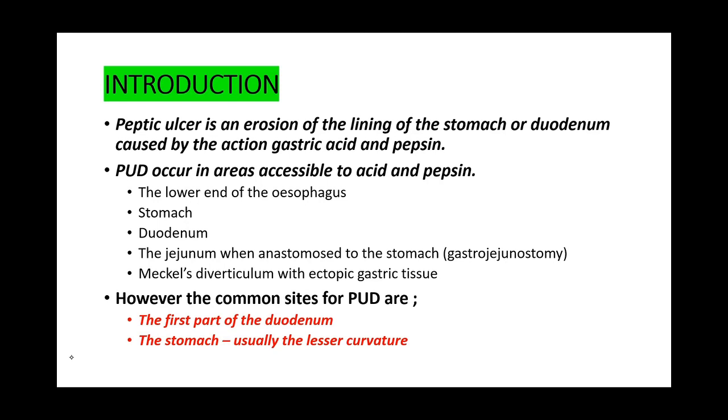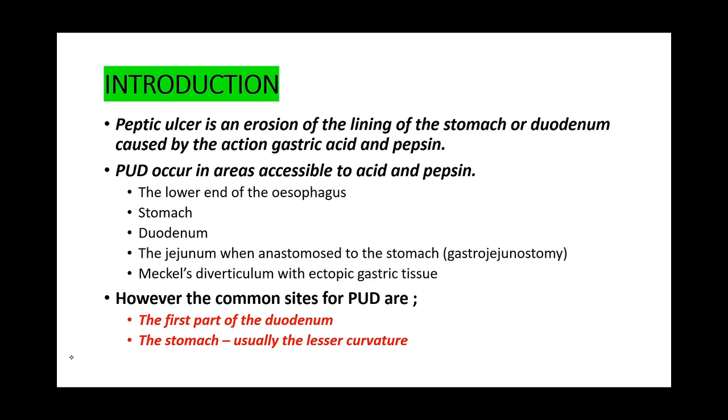You should all know that peptic ulcer disease occurs in areas that are accessible to acid and pepsin. And these areas include the lower end of the esophagus, the stomach, duodenum. The jejunum, when there is an anastomosis to the stomach, that is following gastrojejunostomy, will now have access to this acid secretion and pepsin.